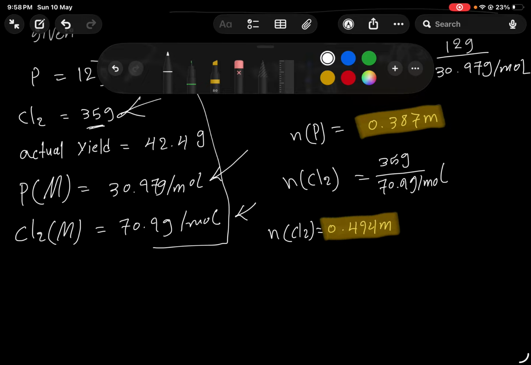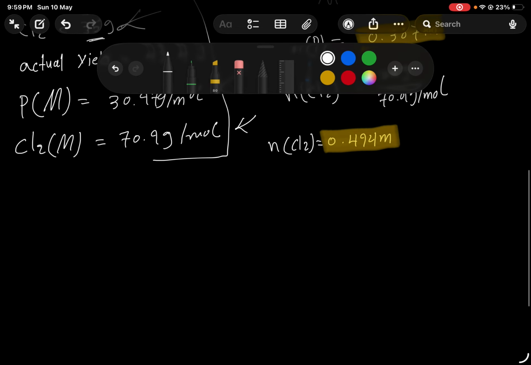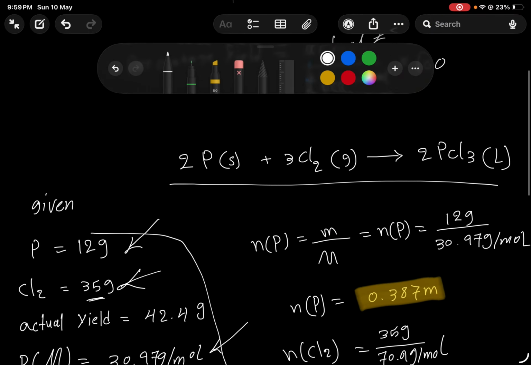Now we have found the moles of each of our reactants, and then we use one of these formulas. We're going to use this formula, which is the mole of P divided by its coefficient is equal to the mole of Cl2 divided by its coefficient. We can see that the coefficients are in the formula.